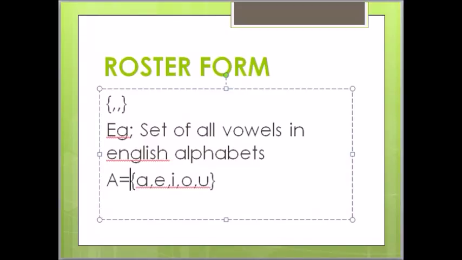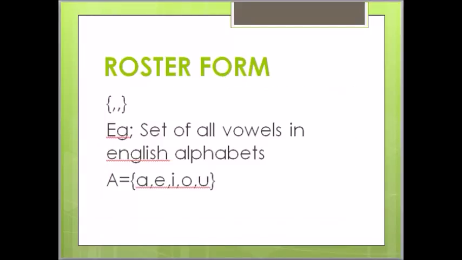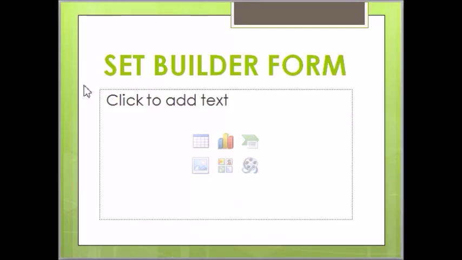Now let me come to another type of representation, which is called set builder form. In this representation, we do not explicitly mention the elements of the set, but rather we write down the property which all the elements obey.